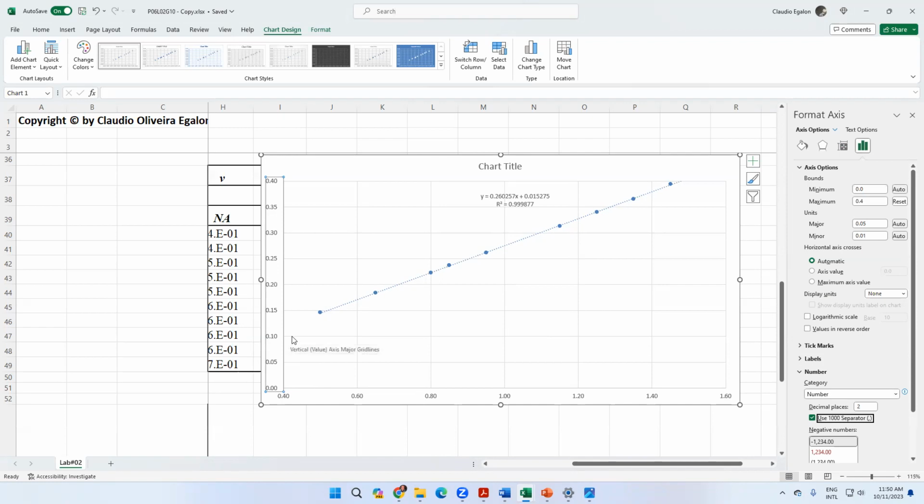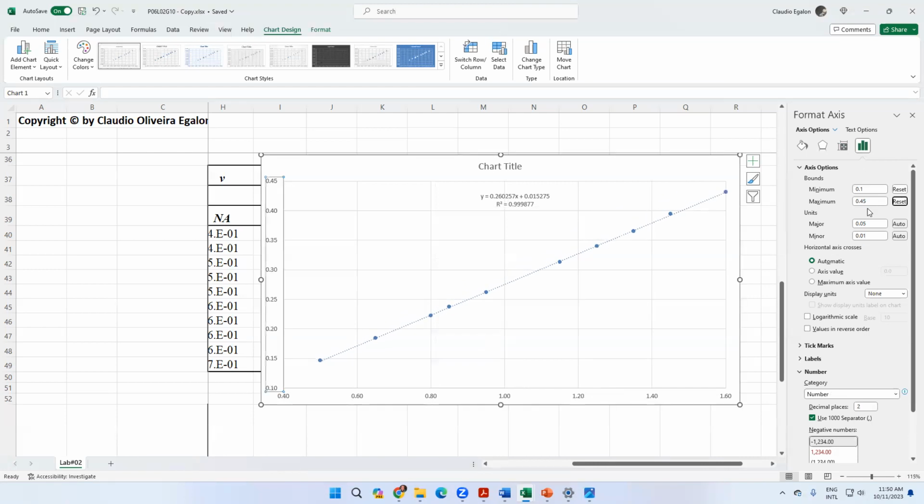So we're going to go from 0.1. Yeah, I think I got it. I might want to go to 1.5 here. Maybe I'll go to 0.45 to look better.